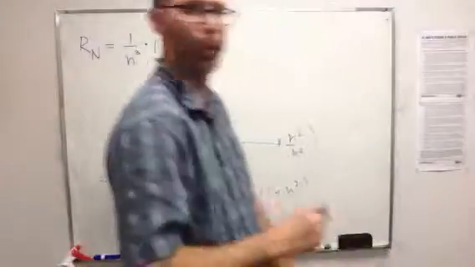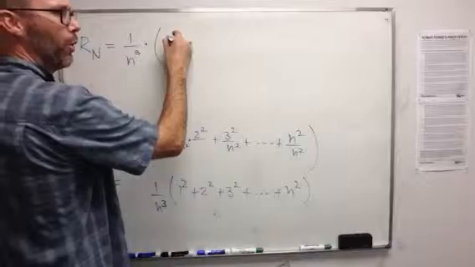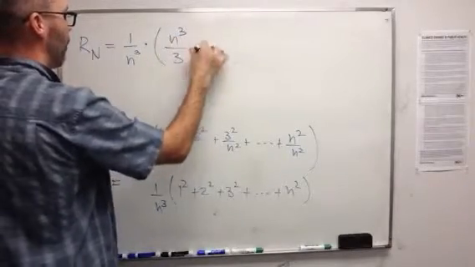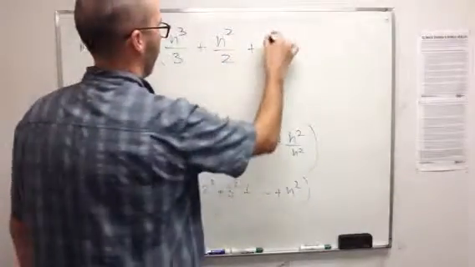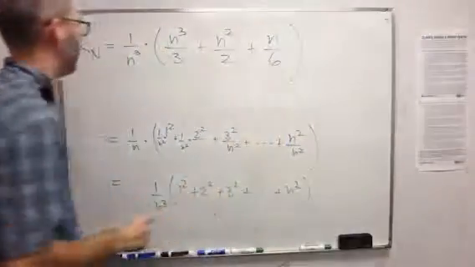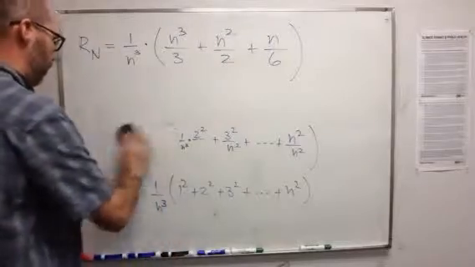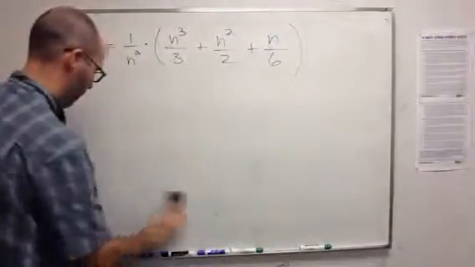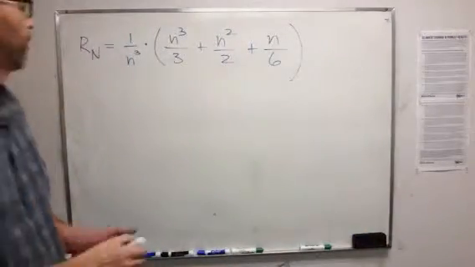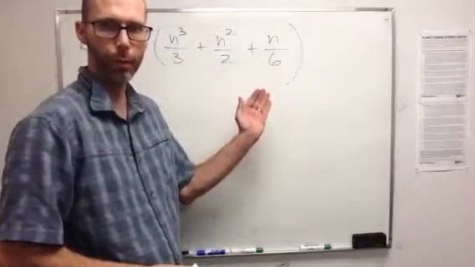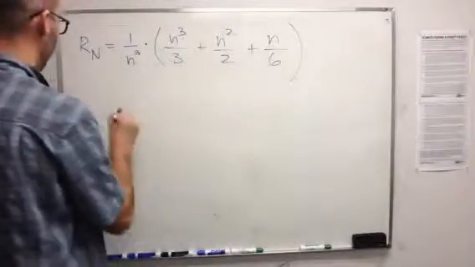Let's see. So by formula S2, this becomes n cubed over 3 plus n squared over 2 plus n over 6. And now we want to set up to use L'Hopital's rule, which needs a polynomial over a polynomial. So we need to get a common denominator.